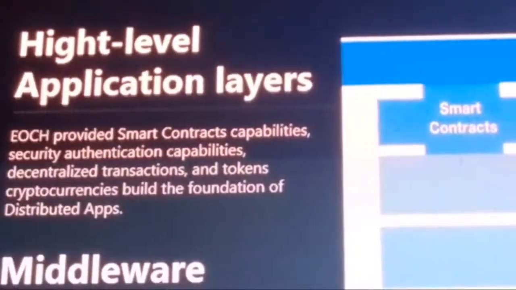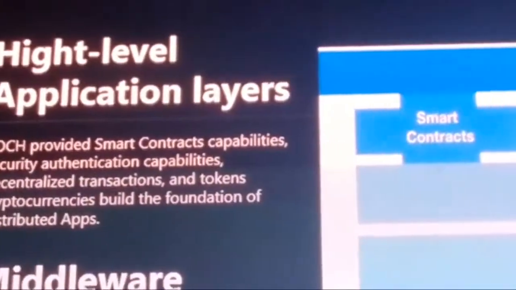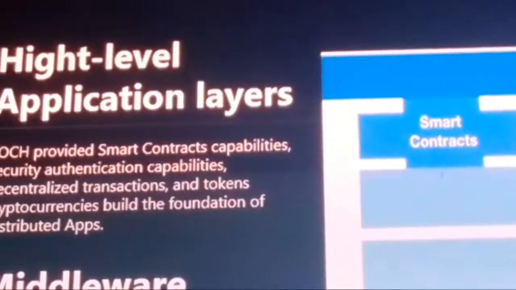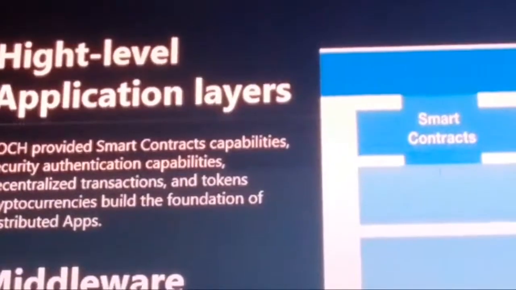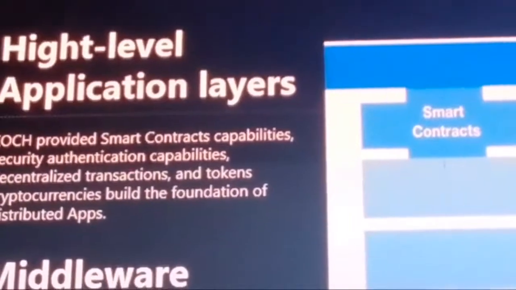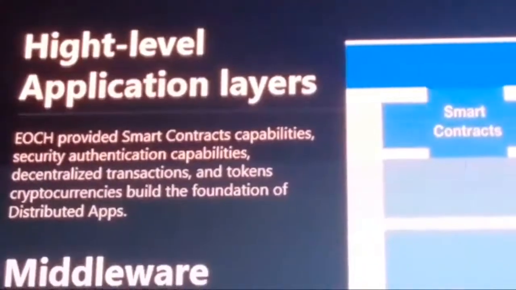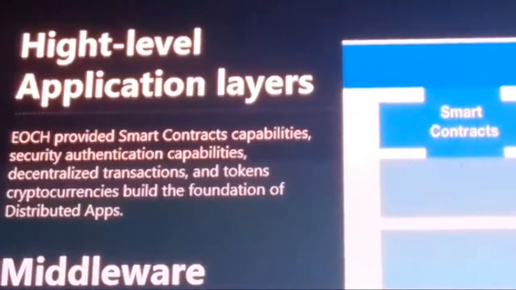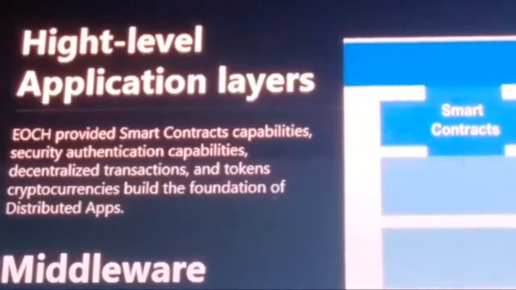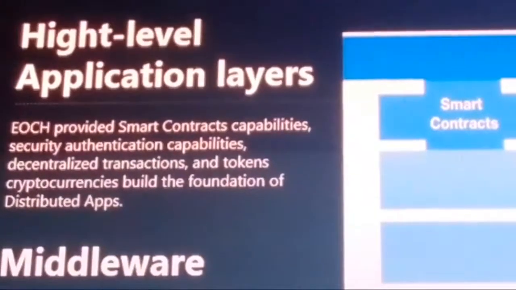So I'll give you the architecture of our Eoch. This is the high level of the application. Eoch provides smart contract capability and security authentication capability, and it has decentralized transactions, and it can also issue token cryptocurrencies.